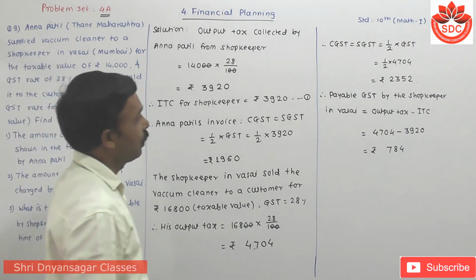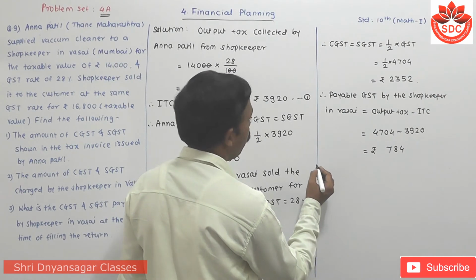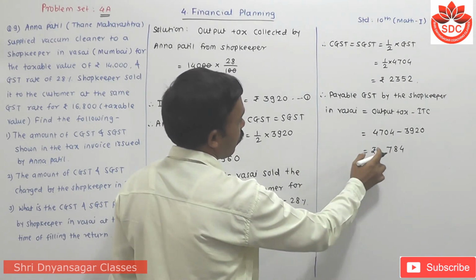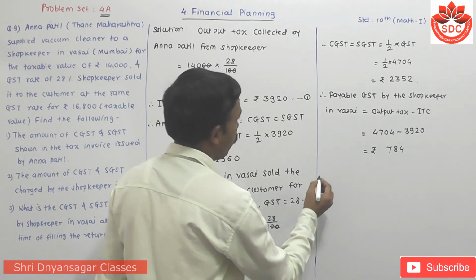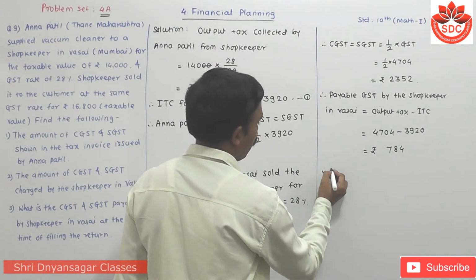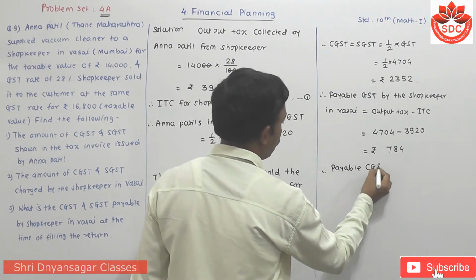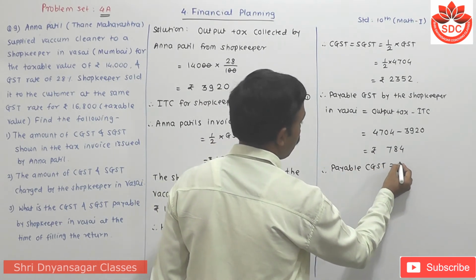Therefore, payable CGST is equal to how much?